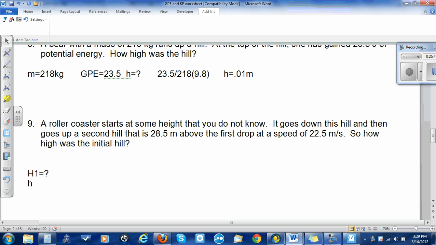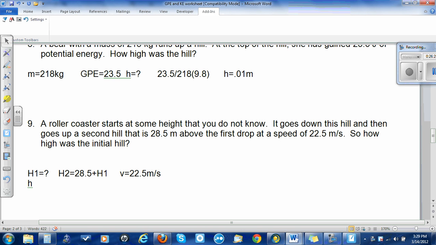Okay, so H1, and H2 equals 28.5 plus H1, right? Above the first drop and at a speed V equal to 22.5 meters per second. So how high was the initial hill? It goes down a hill and then goes up a second hill.